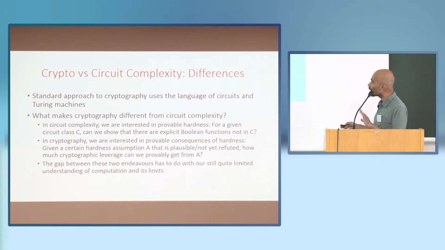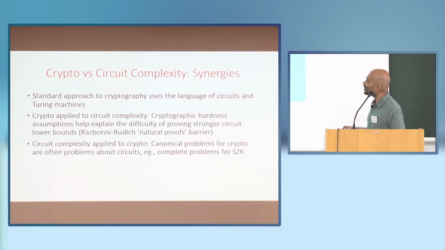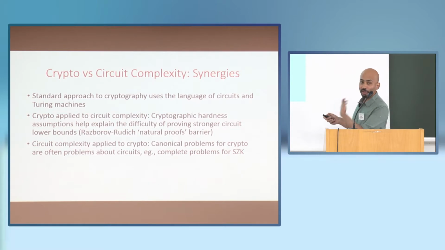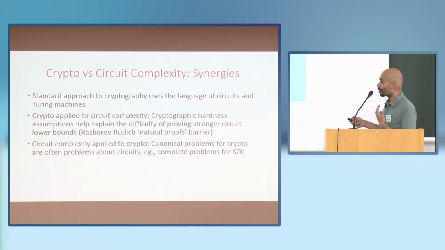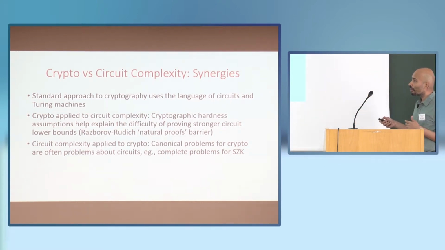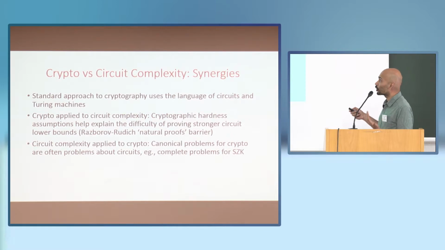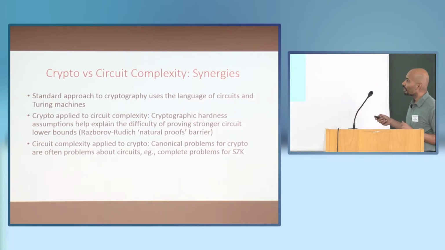So that's my perspective on the differences between the areas. But there are also clear connections because, as I'll describe in more detail soon, crypto has been applied to understand the hardness of proving lower bounds in circuit complexity. The natural proofs barrier of Razborov-Rudich depends very much on cryptographic hardness assumptions.